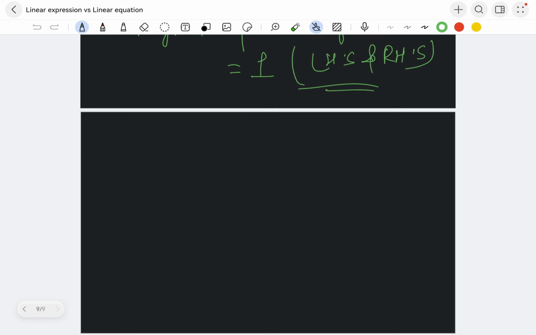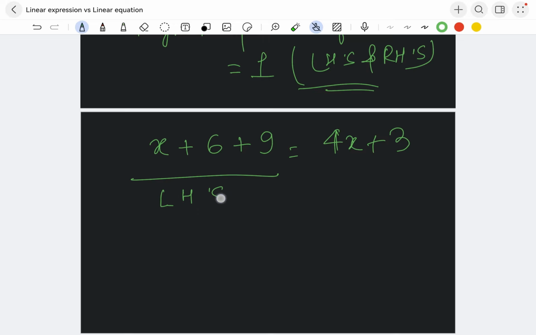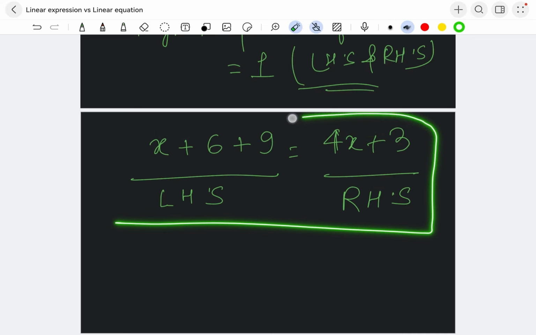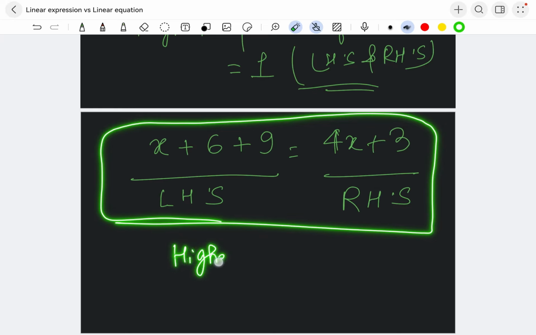Now what does that mean? If x plus 6 plus 9 is equal to 4x plus 3, you have an LHS side and an RHS side. Let us take a laser: the highest power is 1 here, and here also the highest power of x is 1. So for the entire LHS equal to RHS, we saw the highest power of x equal to 1.